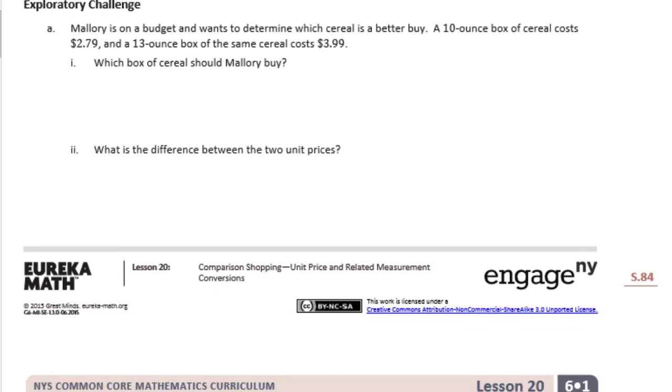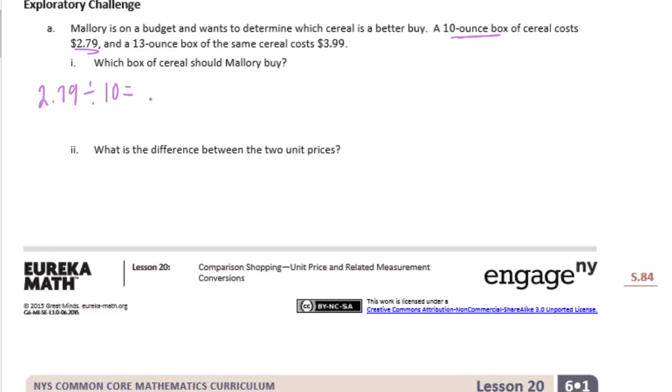So let's start by figuring out how much each one is per ounce. The 10-ounce box is $2.79. So we can do $2.79 divided by 10 to find out the cost per ounce. Remember, in 5th grade, we learned how to divide by powers of 10.